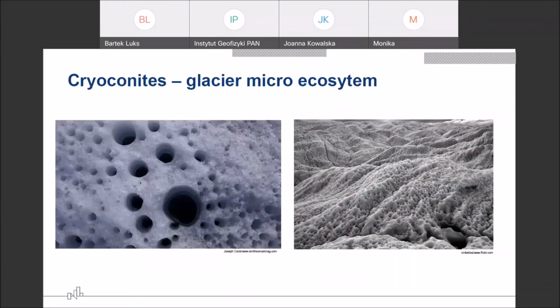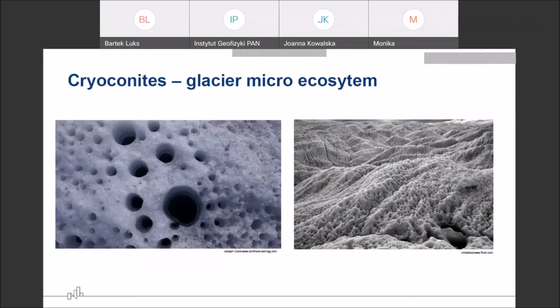The other example, first we talked about life under the glaciers, but there are extremely big ecosystems forming on the glacier surface, and they are called Cryoconites.